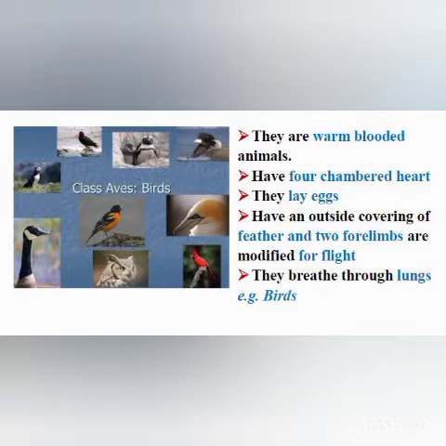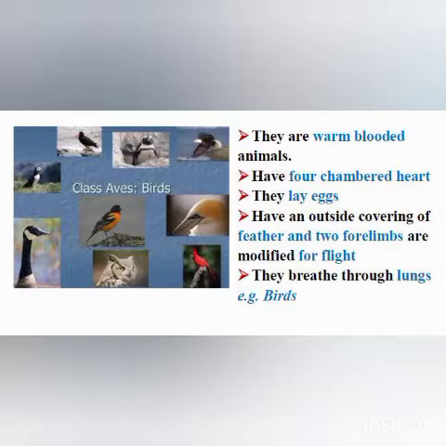So for that there should be a regular supply of oxygenated blood, and for that the heart is divided into four parts. Because when the heart is divided into four parts, the oxygenated blood can be supplied to the cells. They lay eggs and they have an outside covering of feathers which protects the body and also acts as an insulating layer. And here the two forelimbs are modified for flight.